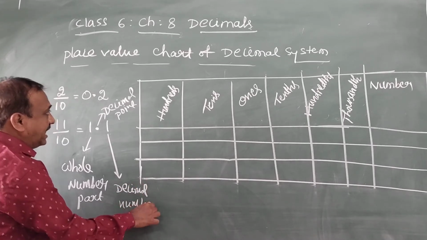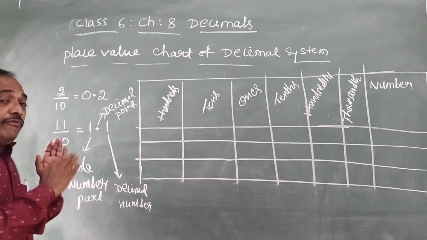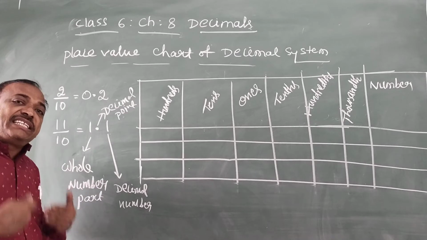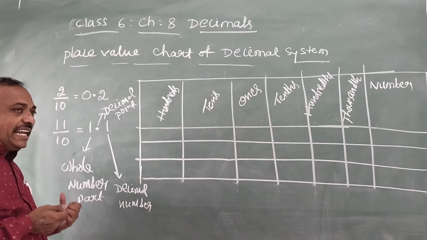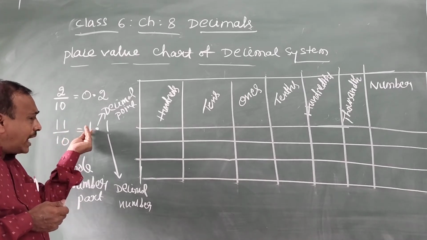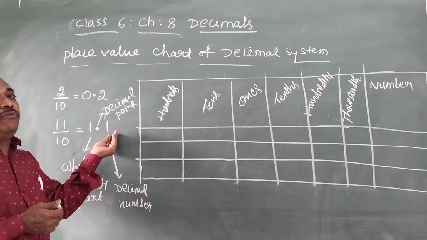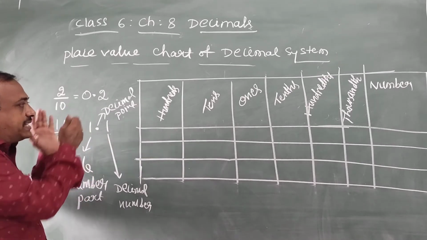We also say simply point. So the value of a fraction like 1 by 10 or 2 by 10 is lesser than 1. But 11 by 10 is more than a whole number: 1 whole and then 0.1. So like this we represent decimals.